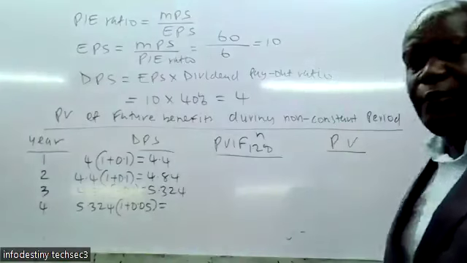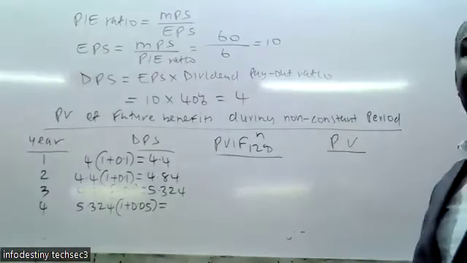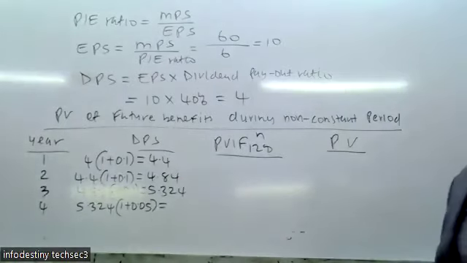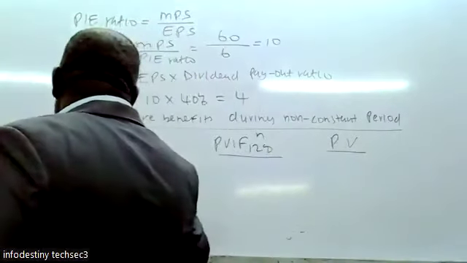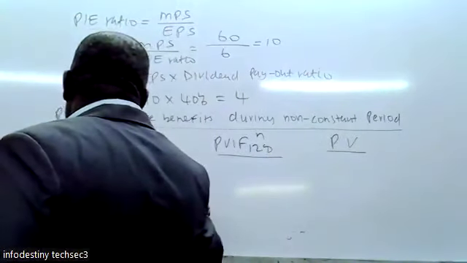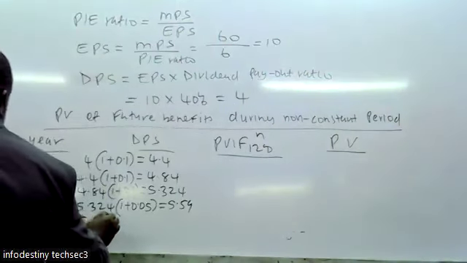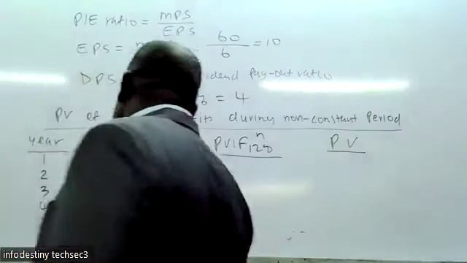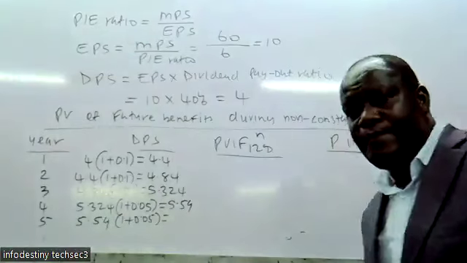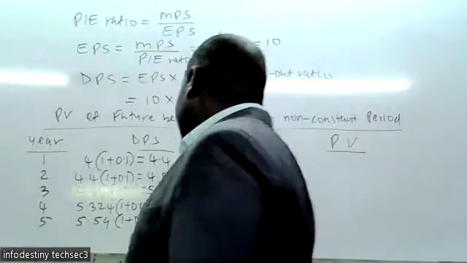So the one for year 4 should be 5.59, then year 5 is also increased by 5%, giving 5.86.